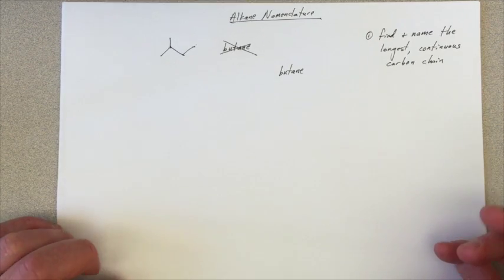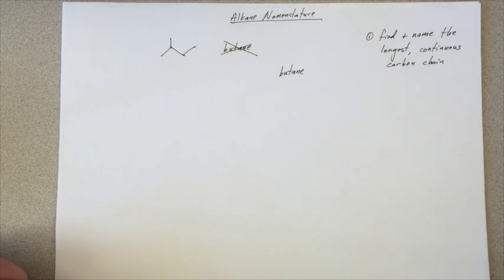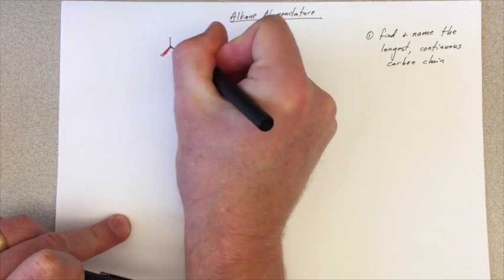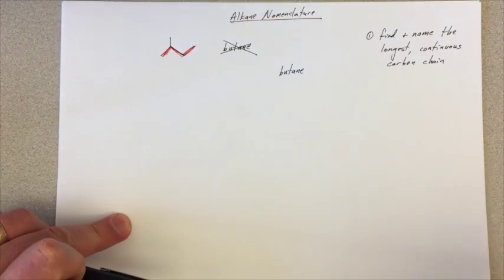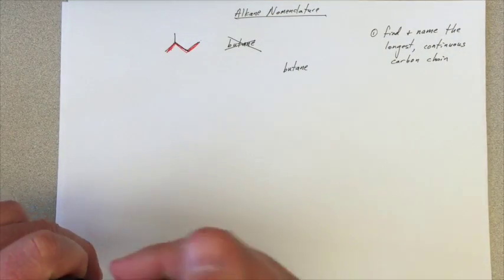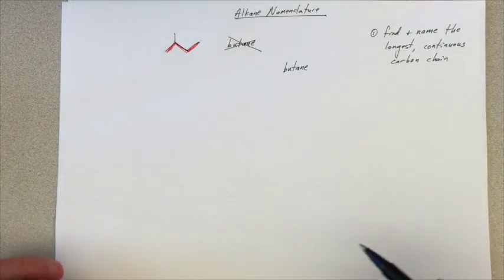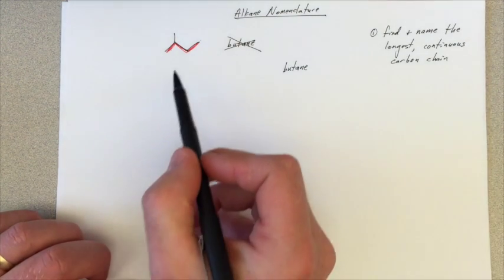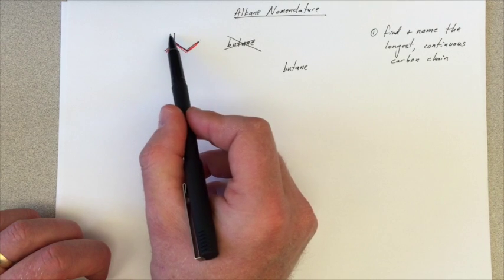So it's often nice when you find the longest carbon chain, at least at the beginning of this, to sort of just outline it. I have accounted for those 4 carbons that I've outlined in red by naming this thing butane. And so how many carbons do I have left to account for? Well, there's this 1 sticking off here.